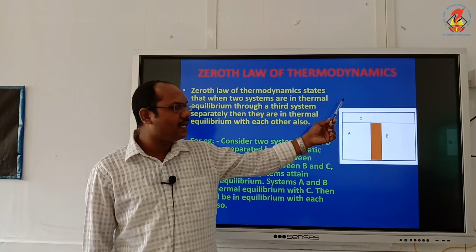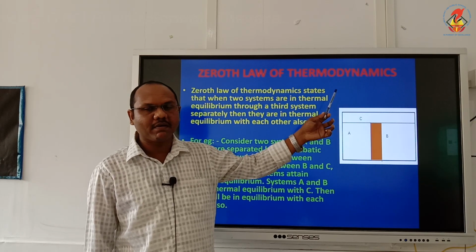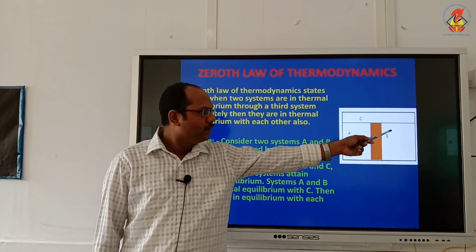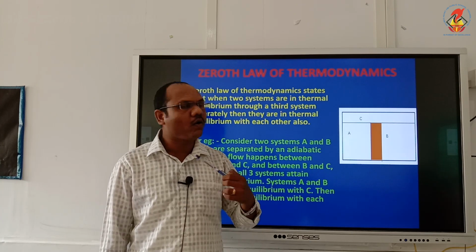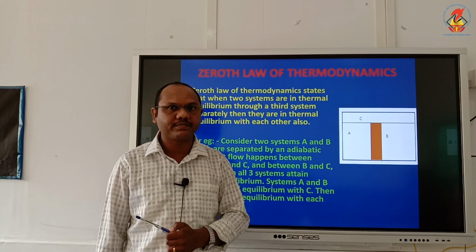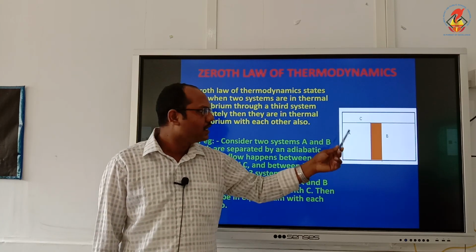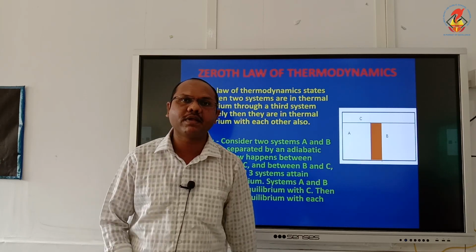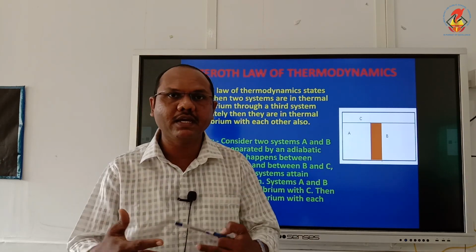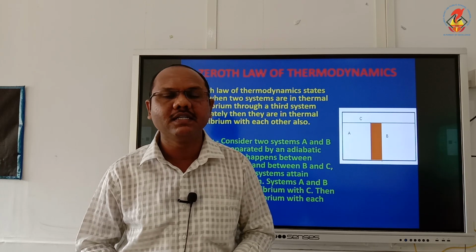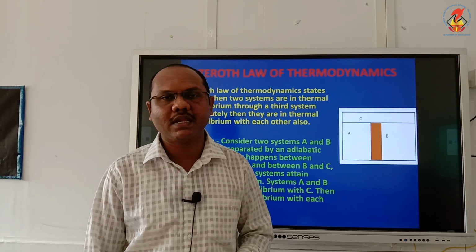Now the zeroth law tells that if A and C are in thermal equilibrium, and B and C are also in thermal equilibrium, then A and B are in thermal equilibrium with each other. Even though they don't have any direct contact, A and B will be in thermal equilibrium.